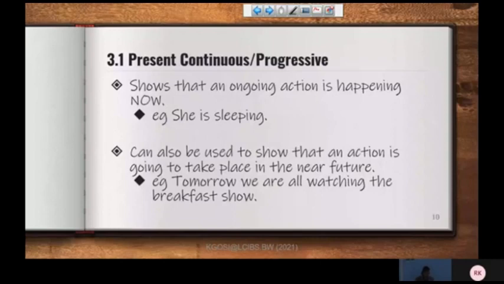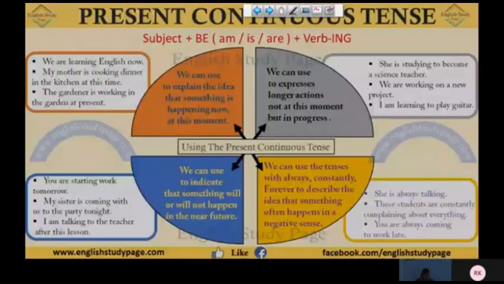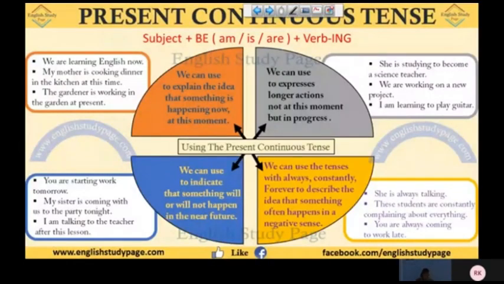So here are some examples of the present continuous tense. So you can just have an appreciation of these various examples. And if you look at this table here, it clarifies it even more. We can use it to explain an idea that is happening right now, or something which takes time to happen.